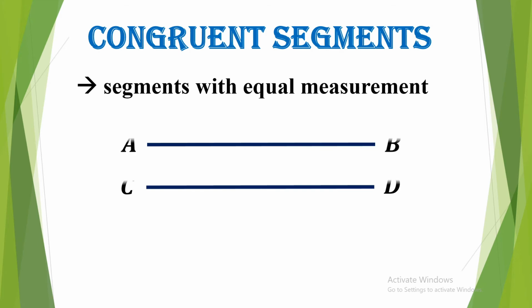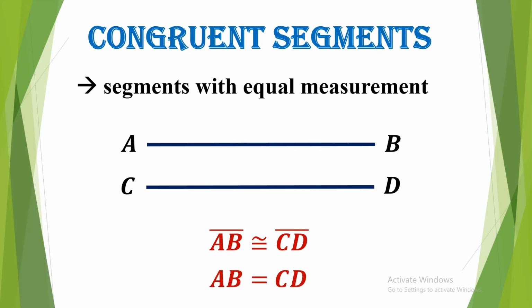So if we name the first line as segment AB and the second one as segment CD, then we can say that segment AB is congruent to segment CD. Congruent because we are pertaining to the segments. And with regards to their measurement, then we say AB is equal to CD, or the measurement of AB is equal to measurement of CD.